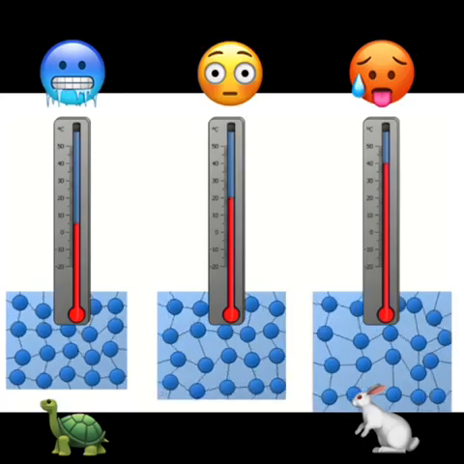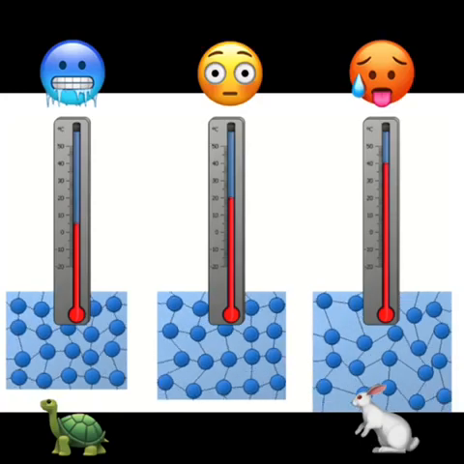In the second picture, there's more particle motion, and as you can see, the temperature is higher than it was in the first. In the third picture, we have the most particle motion, which means we have a higher temperature. And that also means we have the most kinetic energy of the particles. Remember, kinetic energy is the energy related to motion.